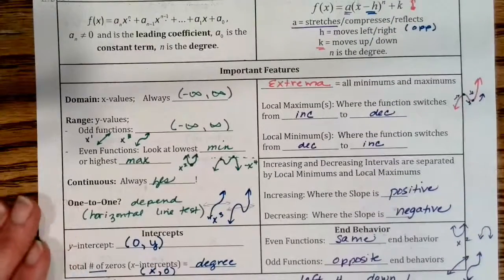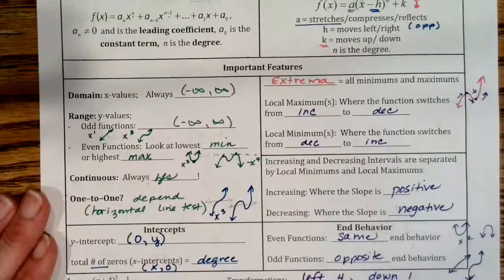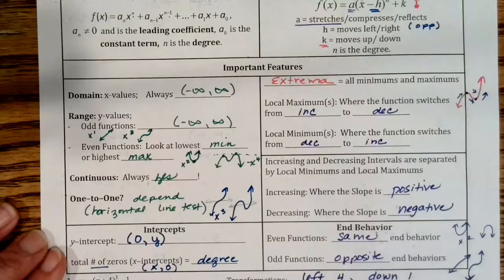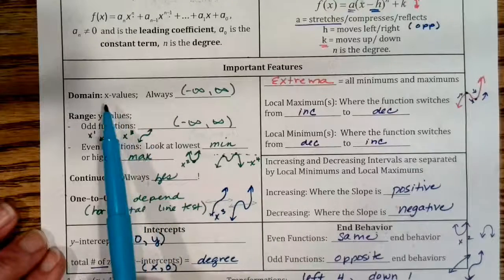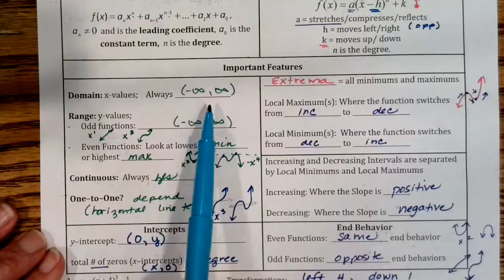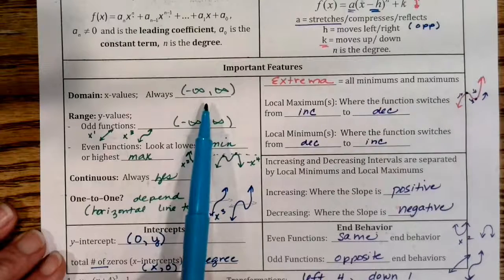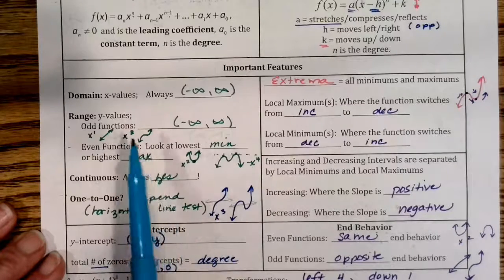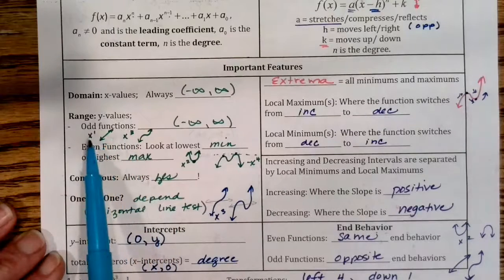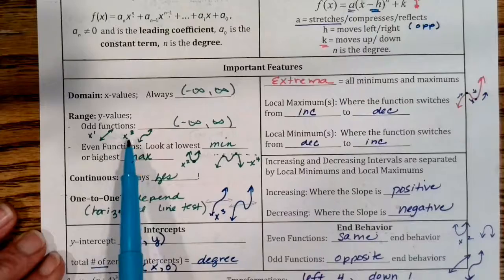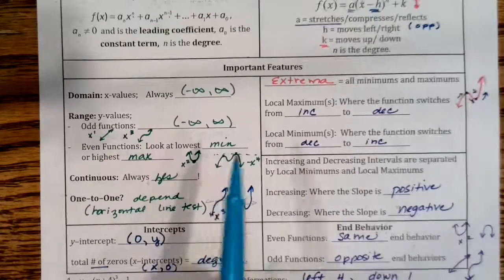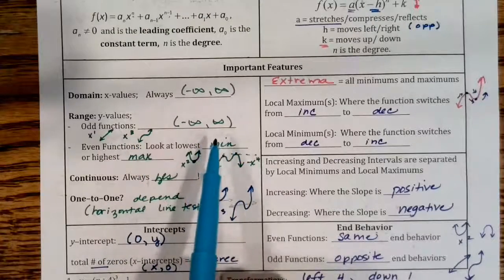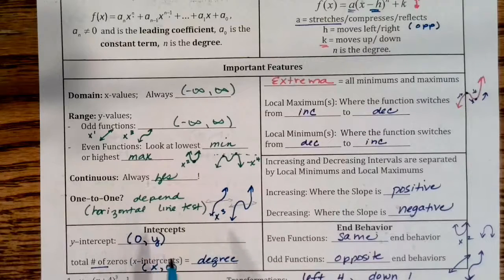When we look at important features of all of our graphs, we're going to have a conversation about domain and range. First of all, with functions, we can always put anything in. So you're always going to have negative infinity to positive infinity. Your output for odd functions like x to the first and x cubed can be all real numbers.